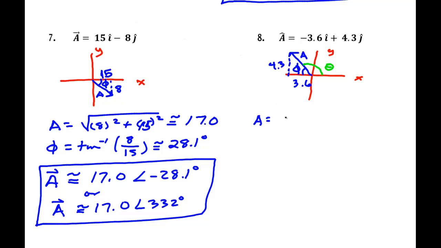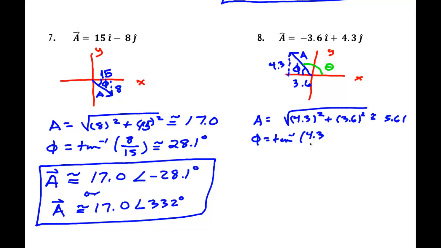The length is found by the square root of 4.3 squared plus 3.6 squared. And you punch all that in and get 5.61. Phi is the inverse tangent of the opposite side, 4.3, over the adjacent side, 3.6. This gets 50.1 degrees.